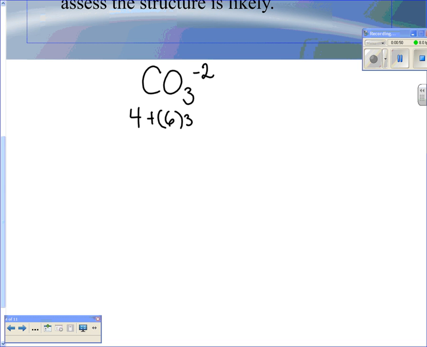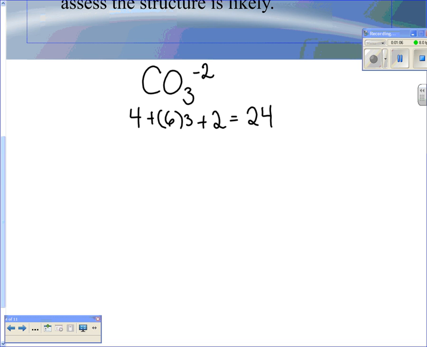Plus, I see that I have a -2 charge, and so that means I've gained 2 electrons into this molecule from somewhere. So if I add all this up, I have 18 plus 2, which is 20, plus 4. So I have a total of 24 valence electrons to work with.